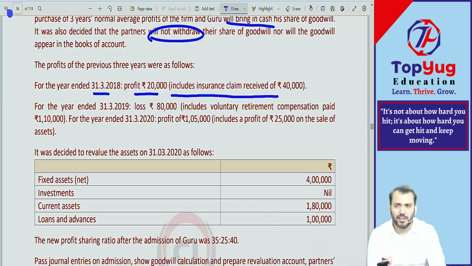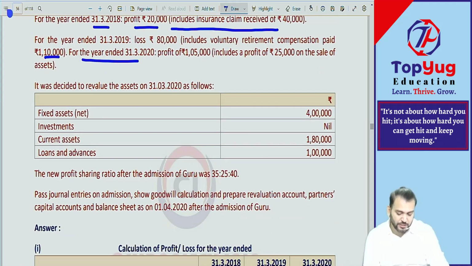This is also a non-recurring item. Sometimes we pay compensation, we will add back 1 lakh 10,000. And for the last year profit was 1 lakh 5,000, including a profit of 25,000 on sale. This is also non-recurring, so this will also be minus. It was decided to revalue. The new profit sharing ratio is 35 is to 25 is to 40.